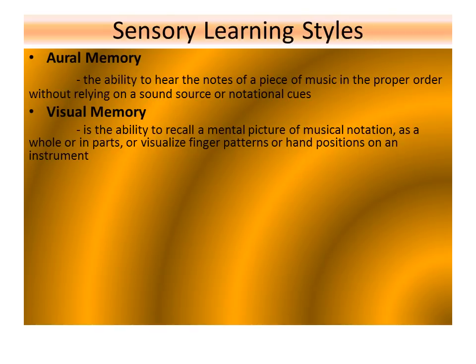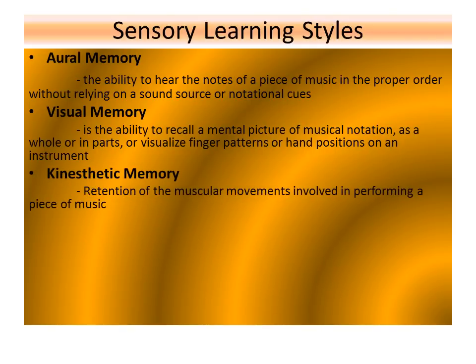If you're an instrumentalist, then you're talking about visualizing finger patterns or hand positions on whatever instrument you might be playing. The kinesthetic memory is the retention of the muscular movements involved in performing a piece of music. And this really deals with not just instrumentalists but vocalists as well.